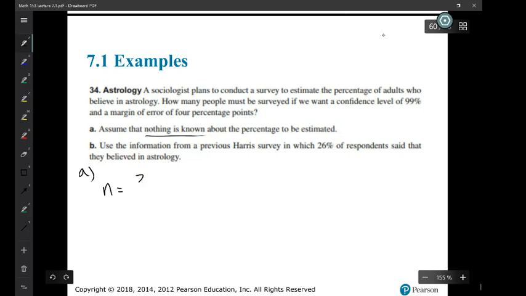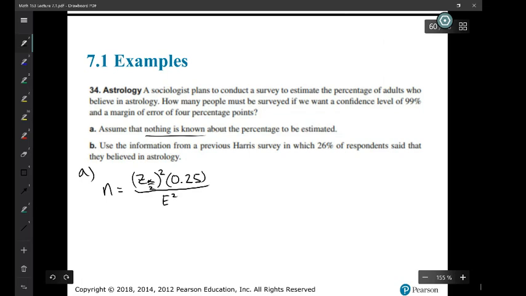N is equal to the critical value corresponding to this confidence level squared, multiplied by the number 0.25 when nothing is known, and then divided by the error squared.